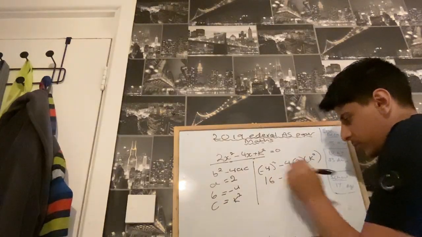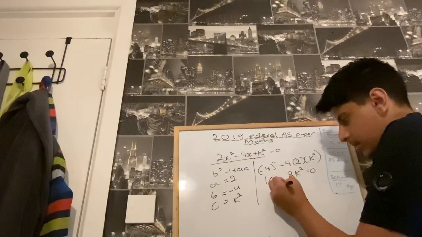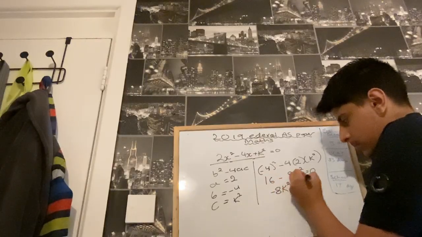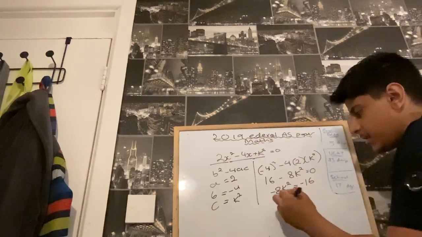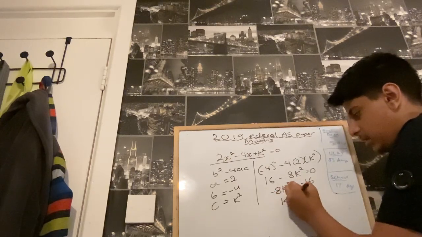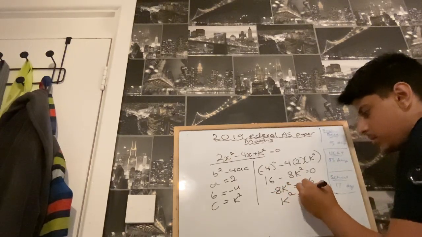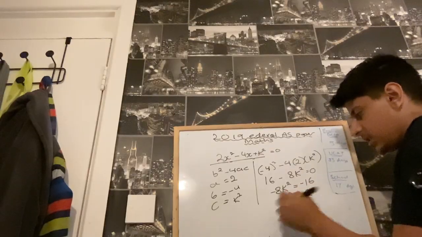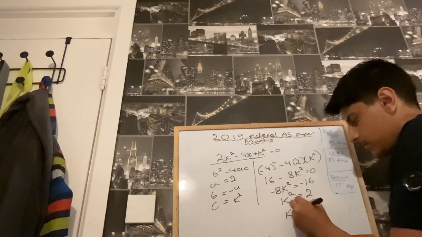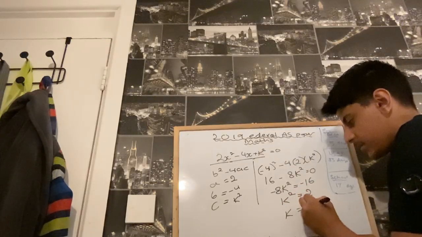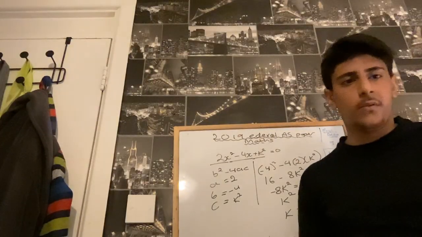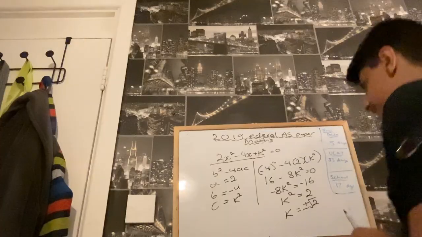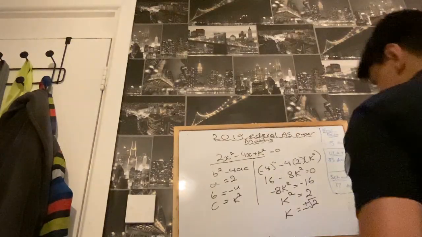Finally, we move 16 to over here, dividing each side by minus 8, giving us k squared equals 2. Square rooting each side would give us k equals plus or minus root 2. So that, ladies and gentlemen, would be the value of k. Alright, starting off on the next question.